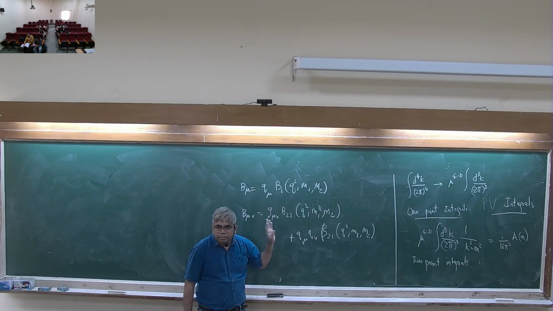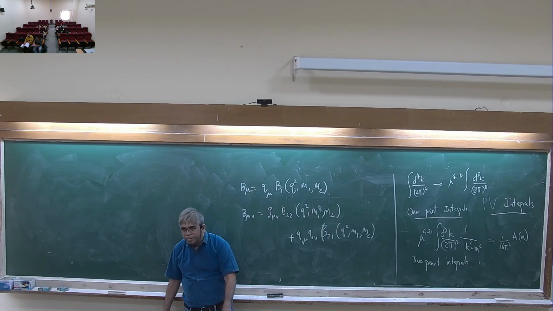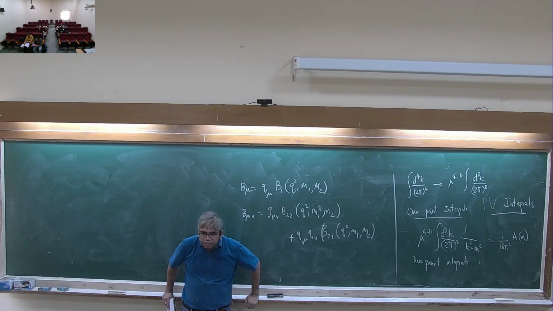So you'll end up having only a bunch of scalar functions, either A functions, B functions, and in the limit of external momenta going to 0, for example if you are calculating g minus 2, where you take external momenta going to 0, they can all have simple analytical forms.